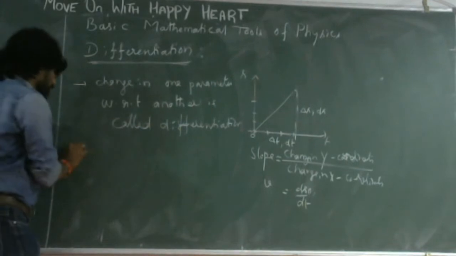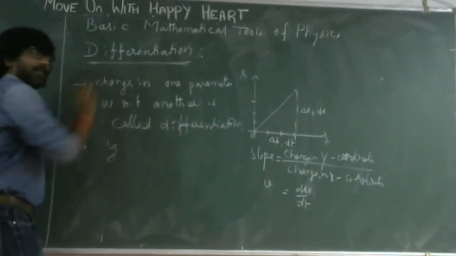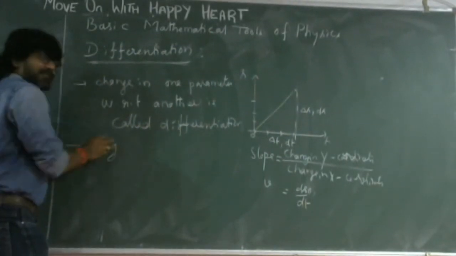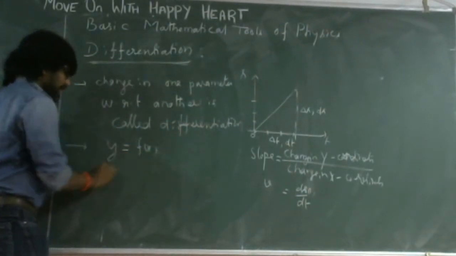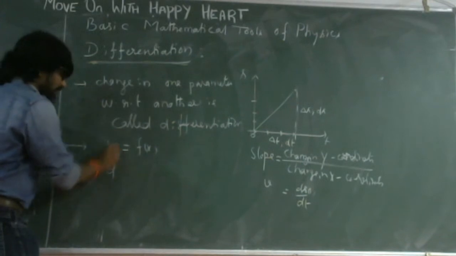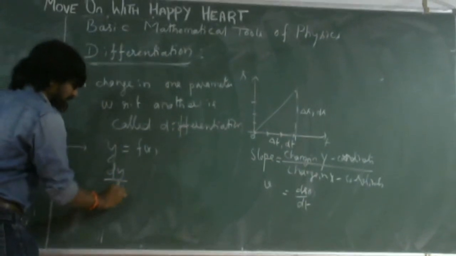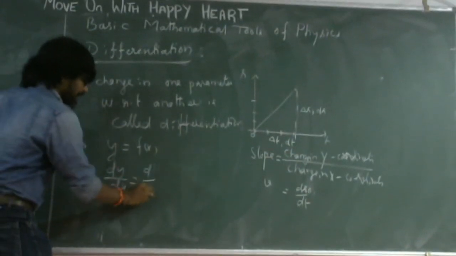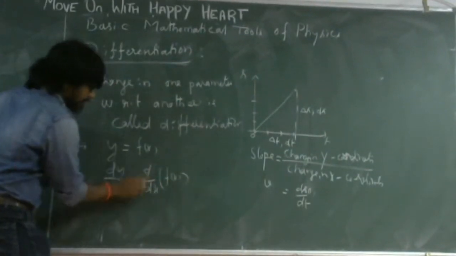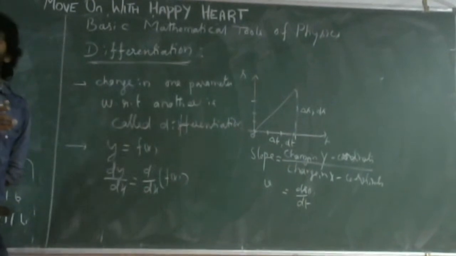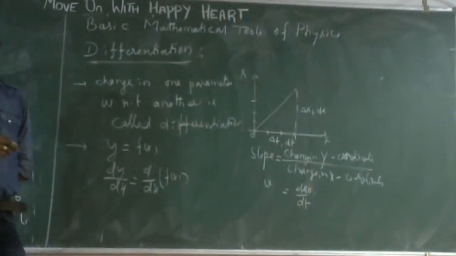So if you know a parameter y, then y is a function of x. Then the differentiation, the change in y with respect to x, can be expressed as d by dx of the function of x. So this d by dx is called the differential operator.